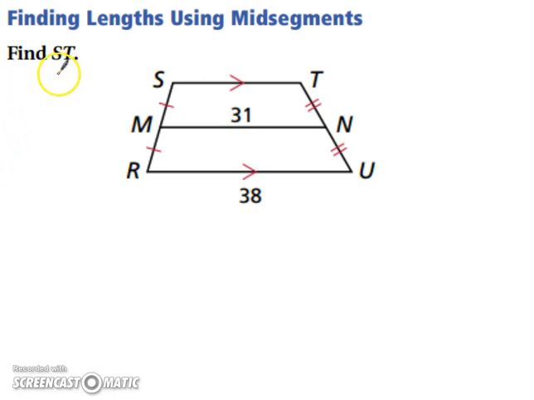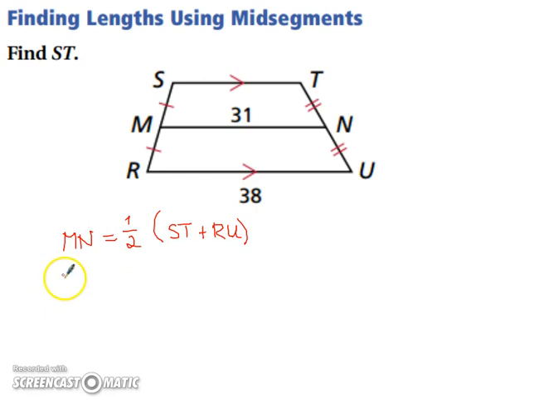Find the length of ST. MN is equal to 1/2 ST plus RU.